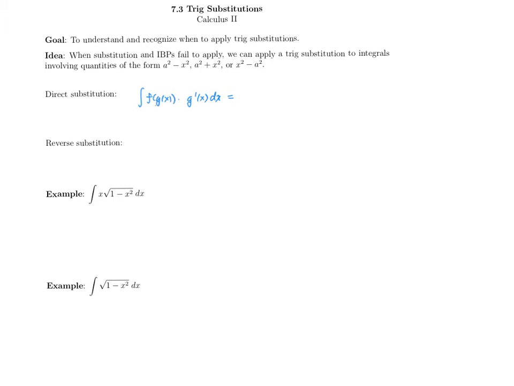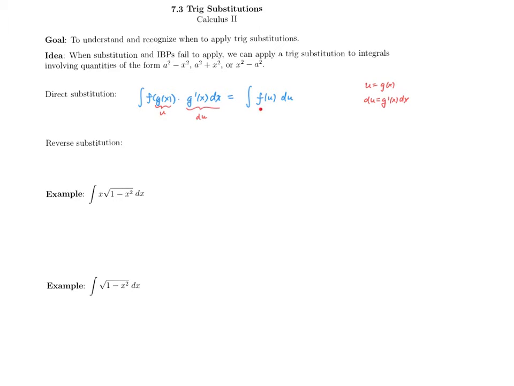If we were to set u to be g of x, then du is g prime x dx. And the integral can be written solely now as a function of that variable u. And I think of this as being a direct substitution.